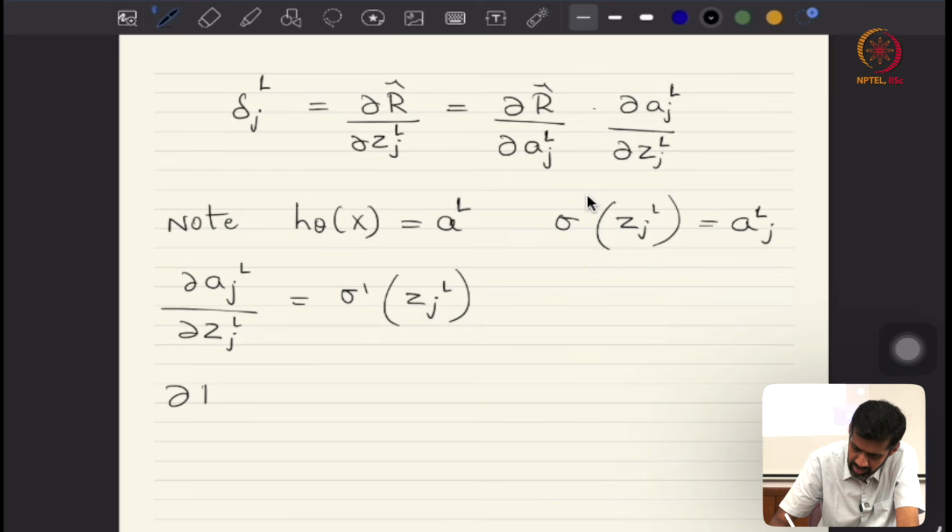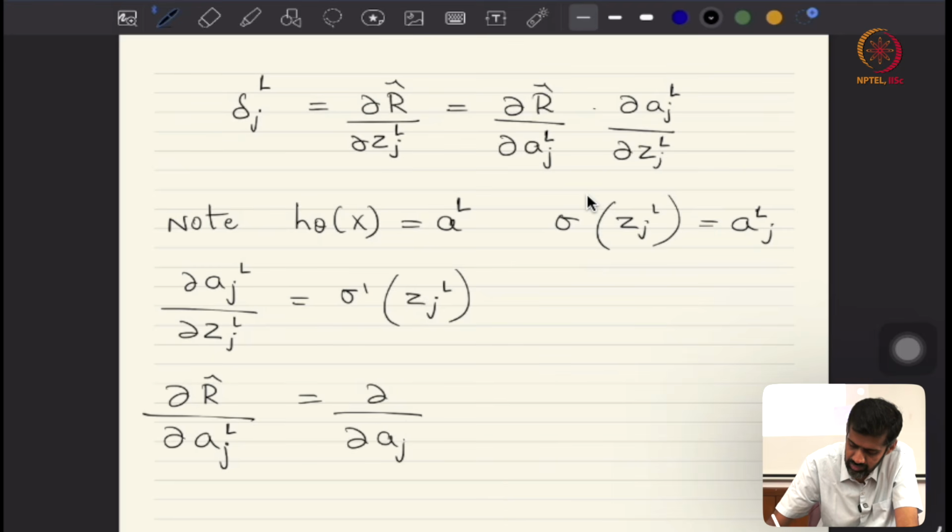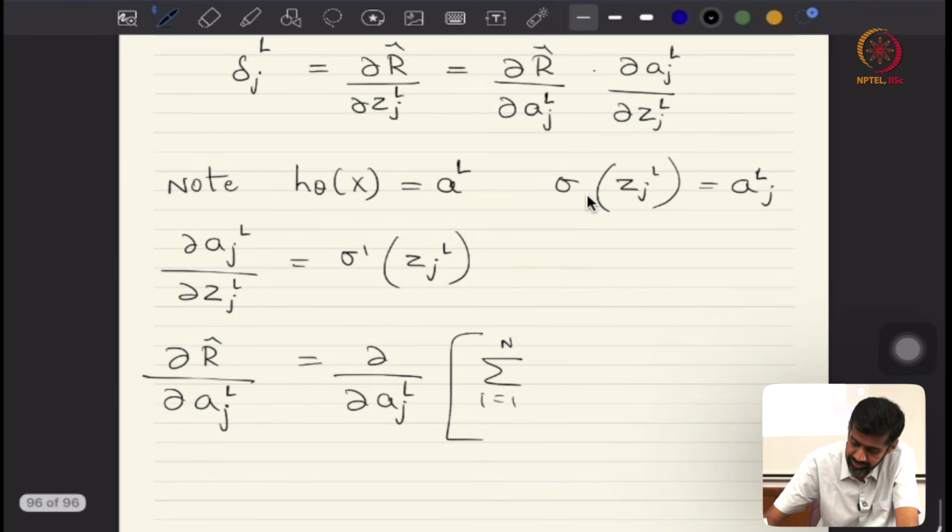So now the first term, let's do that. Now, del R cap by del AJL can be computed. Why? I think it's better if we do it for a single data point.